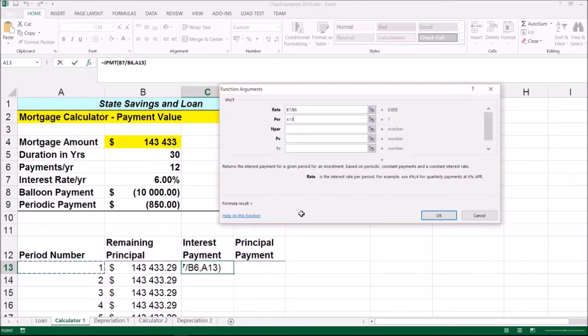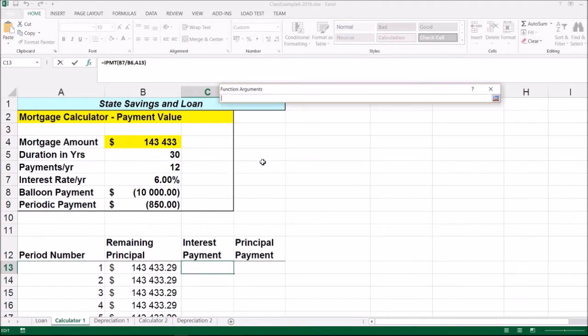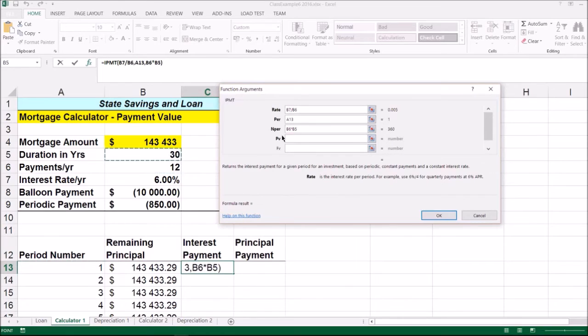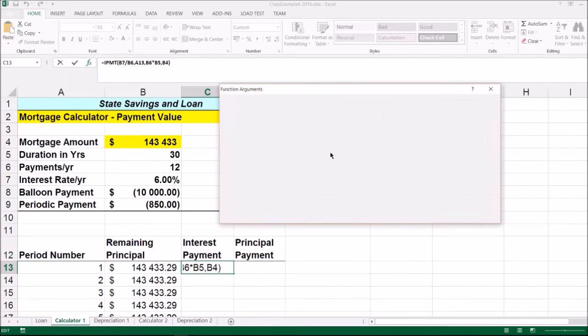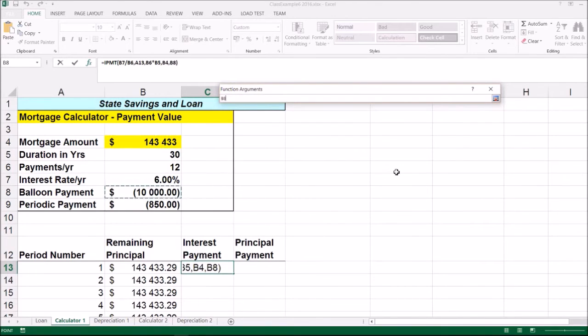Here we're working with period number 1 given to you, and then you need to calculate the number of periods, select your present value, which is our mortgage amount, which we just calculated, and your future value is the balloon payment.